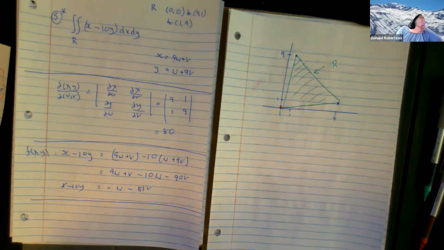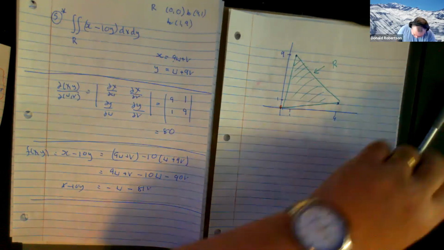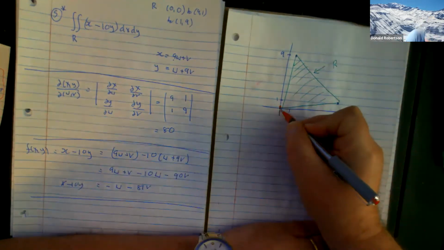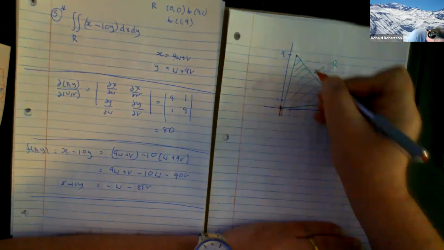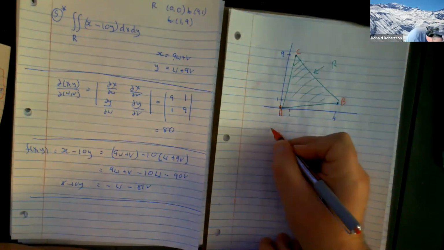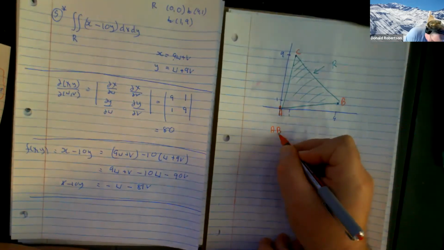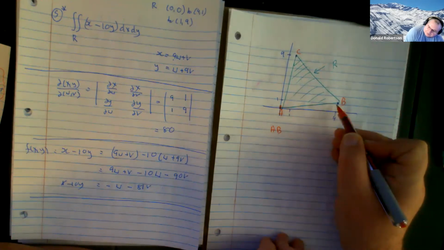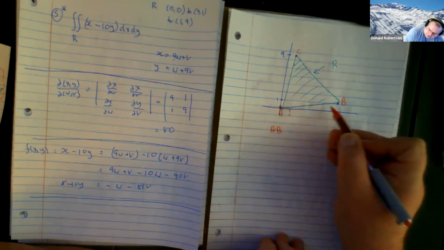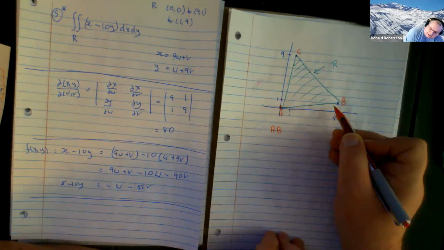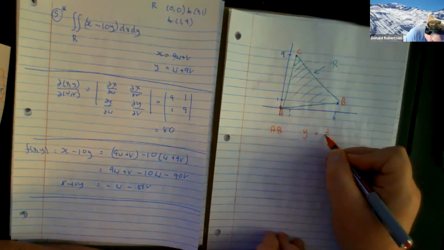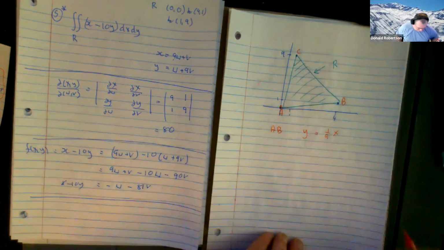So far, so good. Now, how can we figure out what these are going to be in terms of u and v? Well, I'm going to call this one A, this one B, and this one C. So let's find AB. Would you agree this is a straight line passing through the origin? So this side is going to be a straight line, and this straight line has the equation y equals 1/9 x.